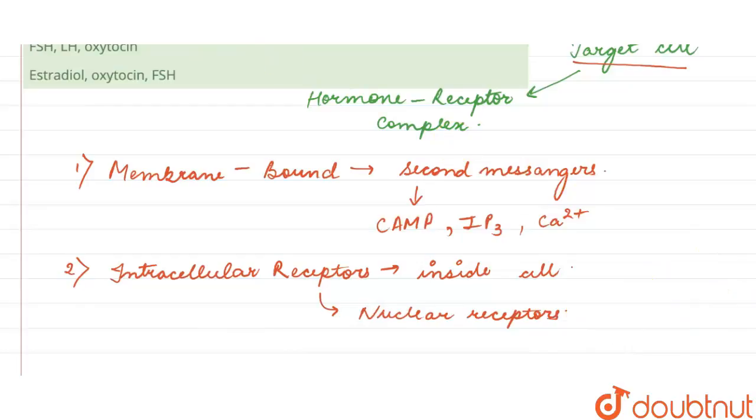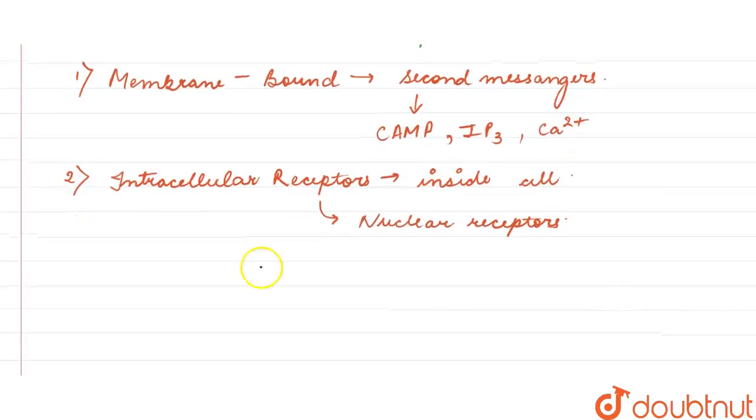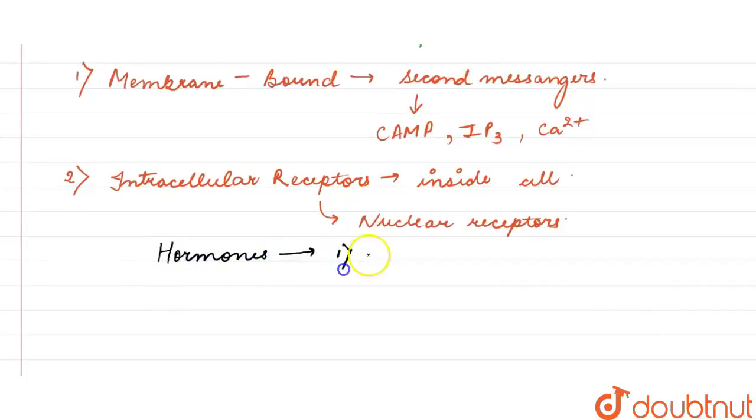Now, based on the chemical nature, we can divide the hormones into various groups. We have peptide hormones, which are usually the pituitary and hypothalamic hormones. The peptide hormones are capable of producing secondary messengers.